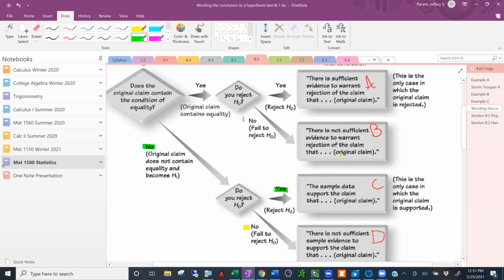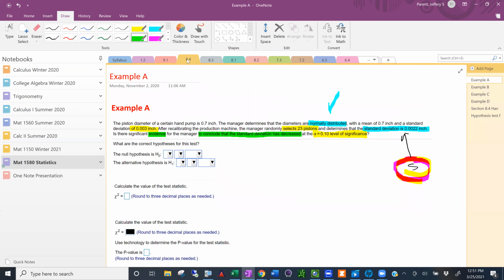To fill in the rest of this, go back to the original problem. So that was here in section 8.4. To conclude that the standard deviation has decreased. Standard deviation has decreased.